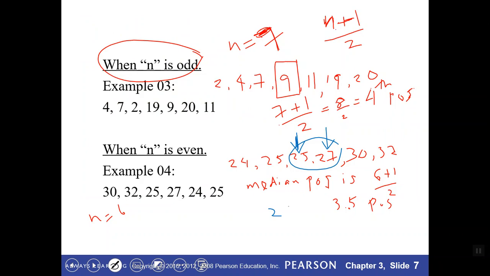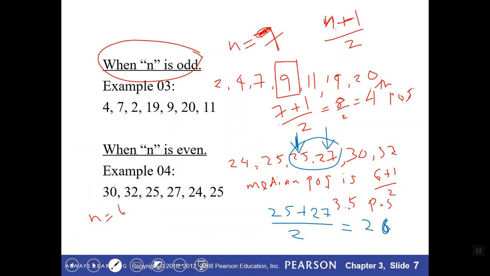So you add 25 plus 27, divide by 2, take the average of these two. So this gives you 26, right? Again, 26 is not in this observation, but that's our median. There is no rule that the median should always be in the observations. No, there is no such rule, so you can do this math.